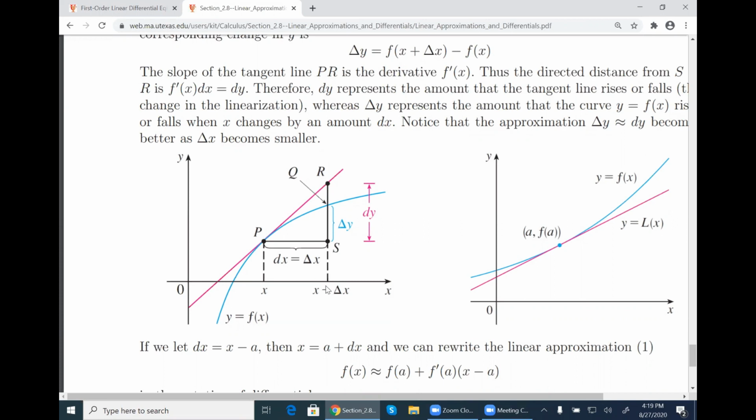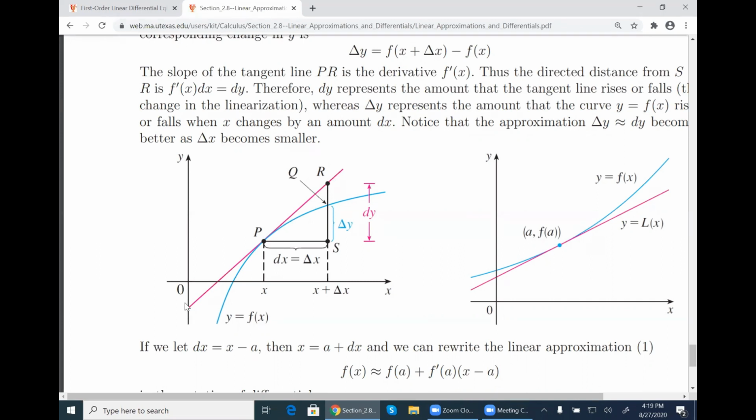Here's what we do next. We go from this new point up to the tangent line. And let us denote the jump of this tangent line by dy. We call dy differential. According to this picture, differential of y is the jump of this tangent line.